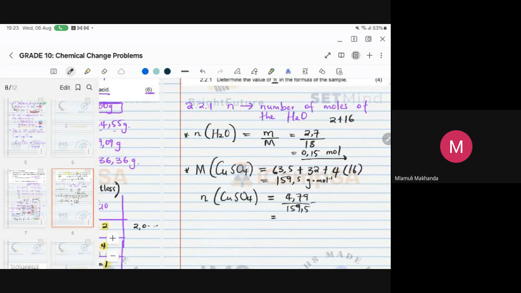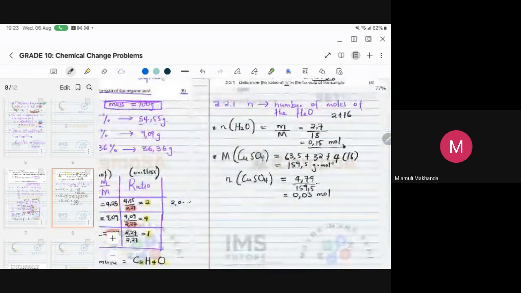So what is the number of moles? Even if you make this one 4 decimals, it still gives you something like this. So let's just make it 0.03 mole.